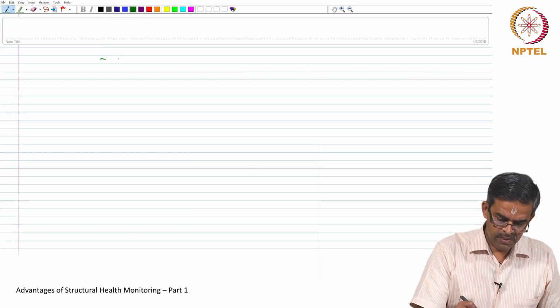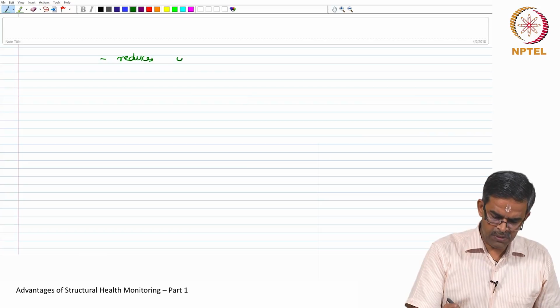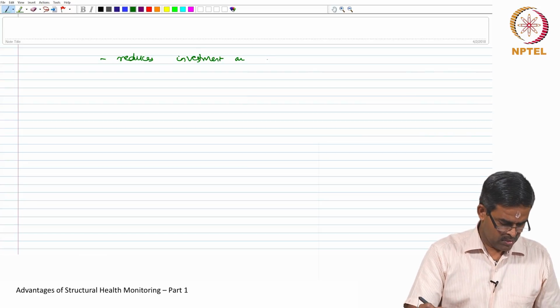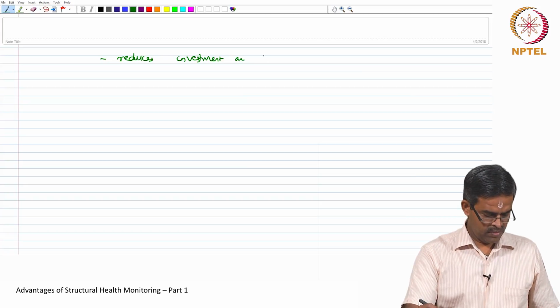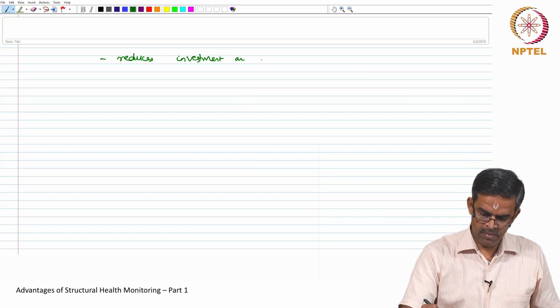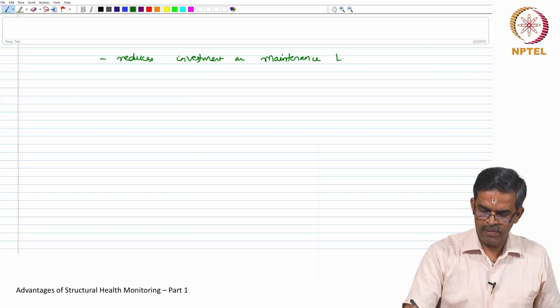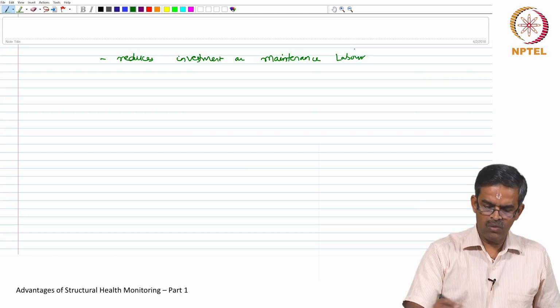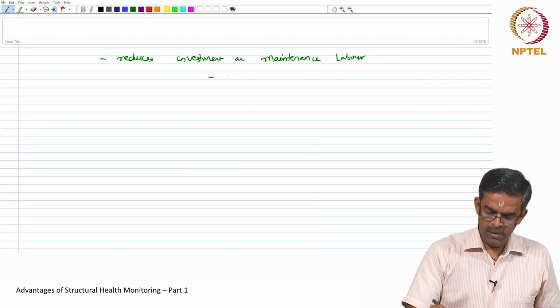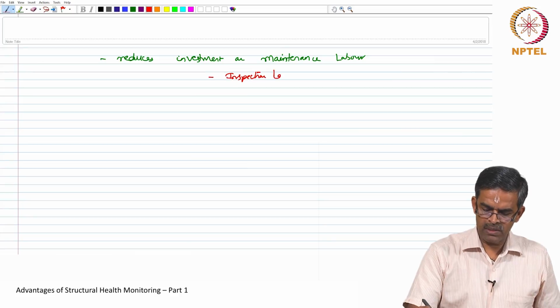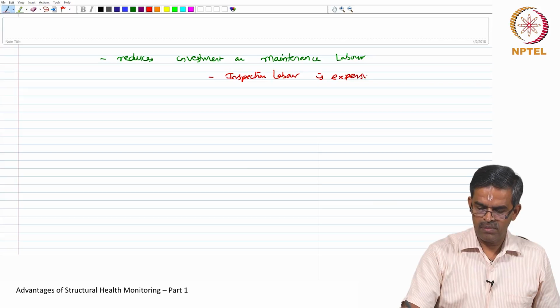Further, it reduces investment on maintenance labor. You know, inspection labor is expensive.